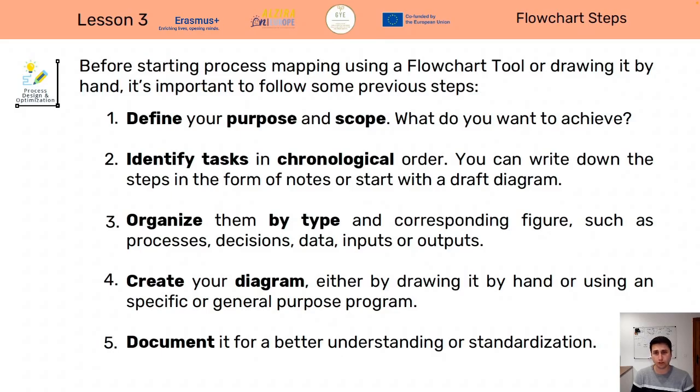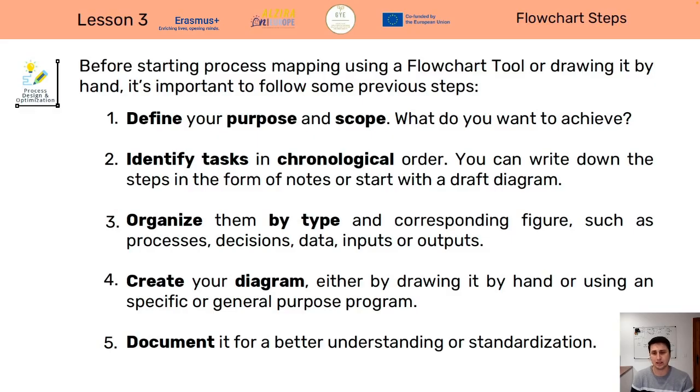But before starting process mapping using a flowchart tool or even drawing it by hand, it's important to take some considerations. Okay, so the first is to define what we want to achieve with that process mapping and improvement. Then we should identify the different tasks inside that activity or process in chronological order, step by step.